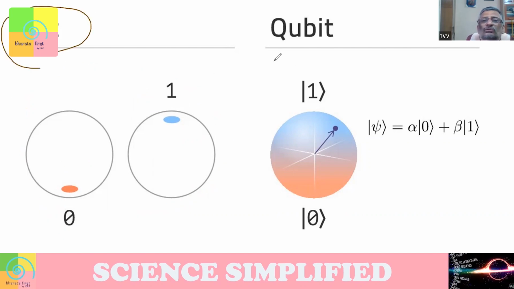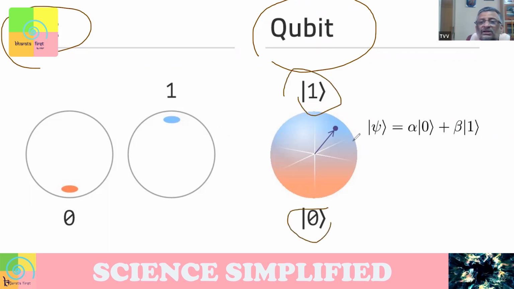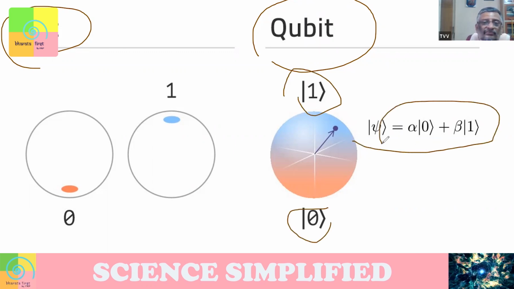Now I can have a quantum bit, a qubit. In the qubit, remember that things can live in a superposition. There is one position, there is another position, and now I can have a superposition.